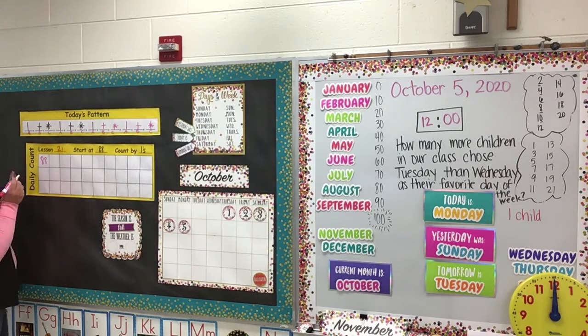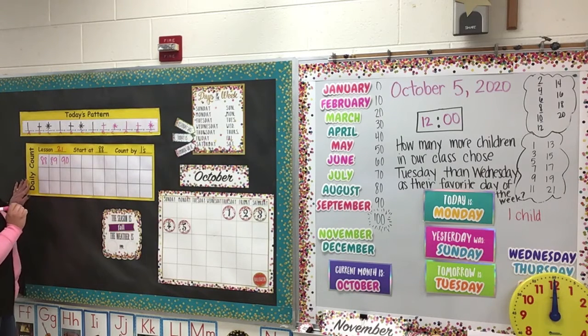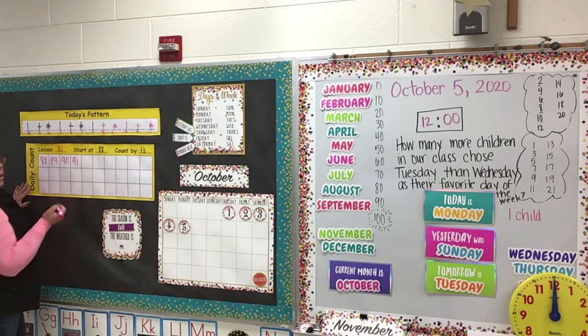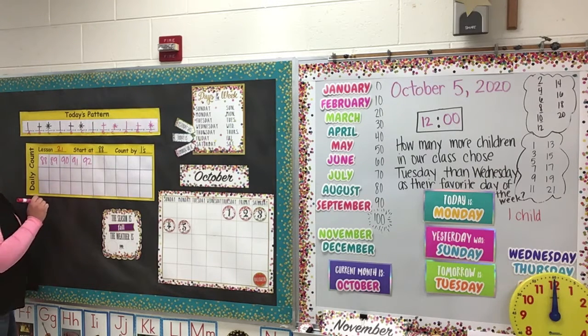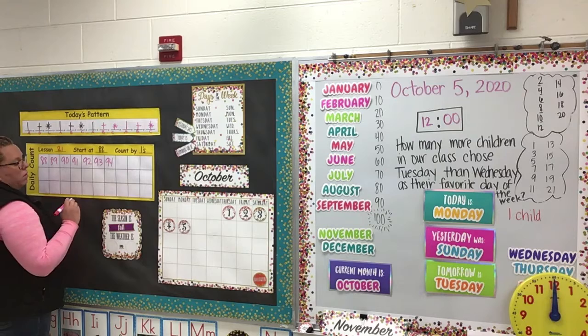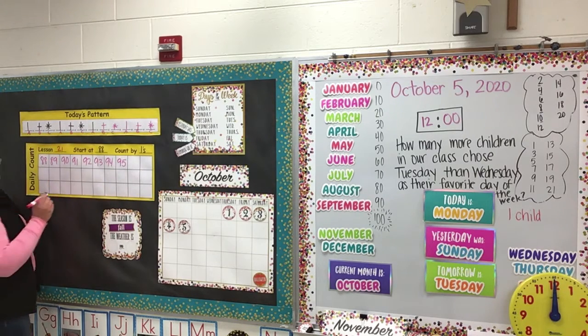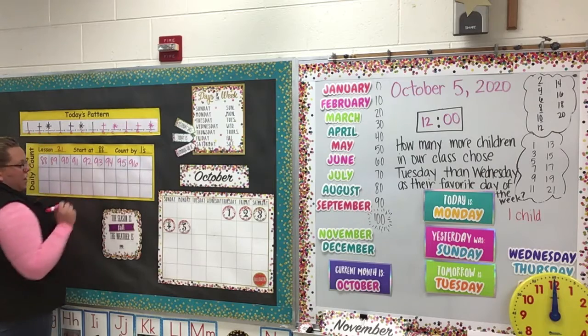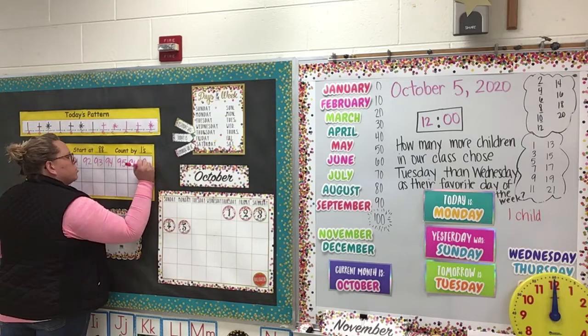88, 89, 90, 91, 92, 93, 94, 95, 96. The more you say these out loud and write them down, the easier the numbers will be in your head.